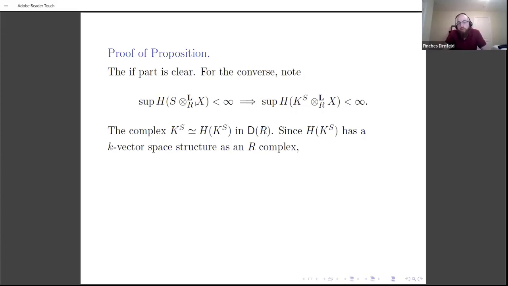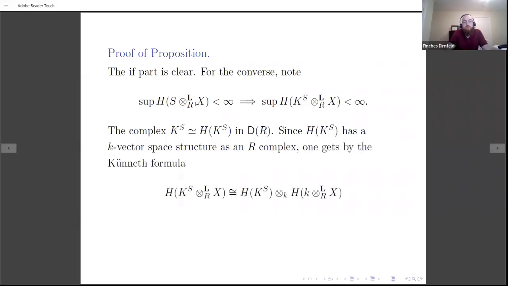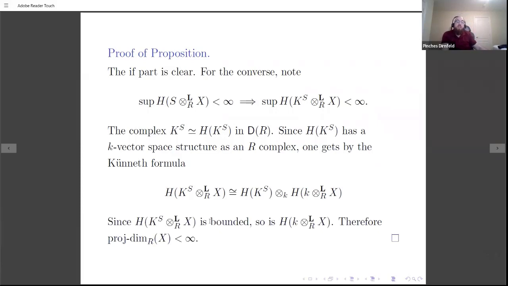K^S, or H of K^S, the homology has a k-vector space structure as an R complex. So now I can use the Künneth formulas to show that the homology of K^S tensor X is quasi-isomorphic to the homology of K^S tensor over k with H of k derived tensor with X. But since I assume that the left-hand side is bounded, then the right-hand side is bounded.